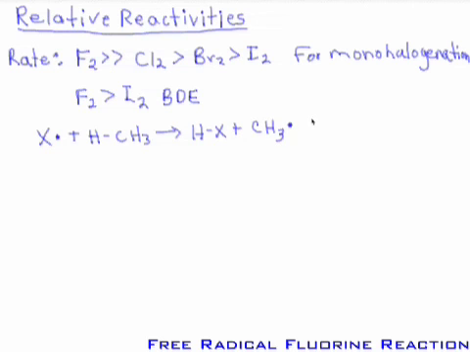And we're going to report a delta H here. Our delta H that we're going to report is in kilocalories per mole, or if you like, kilocalories mole minus 1, whichever you like.